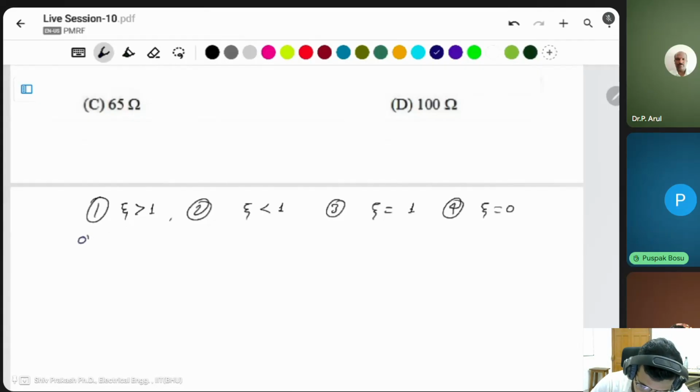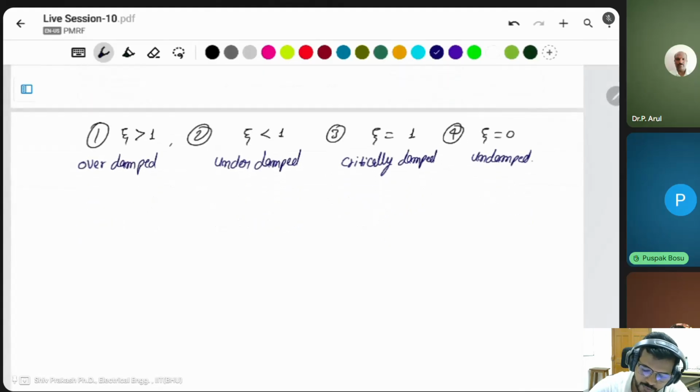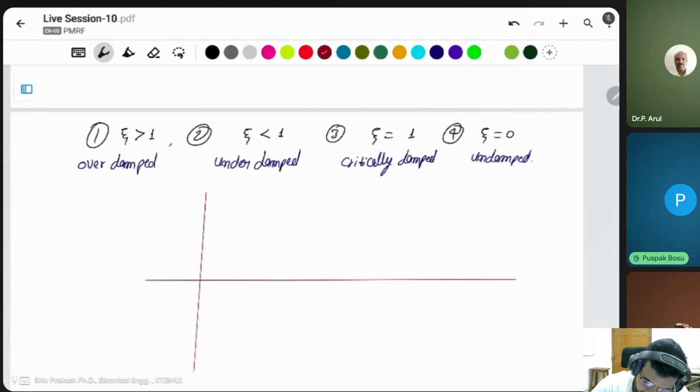This will be overdamped, underdamped, critically damped, undamped system. If you plot it in a single graph, the current of this circuit looks like that.